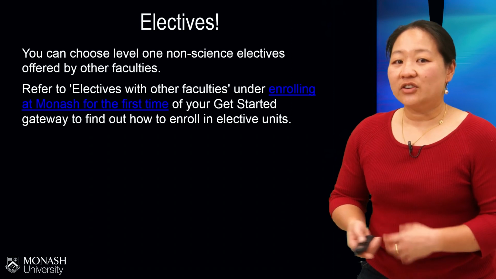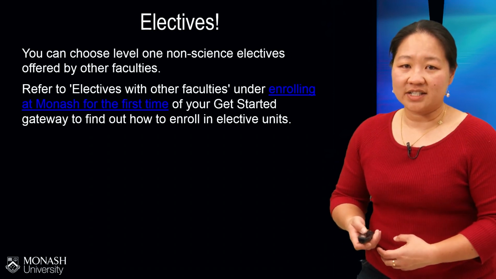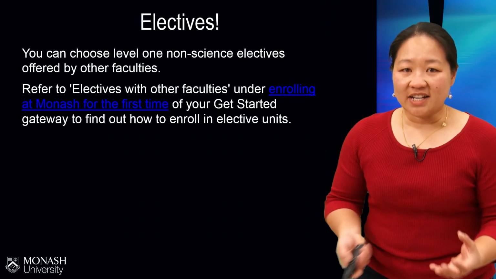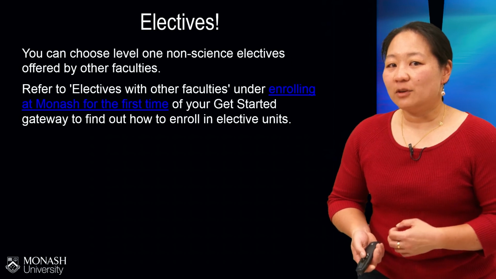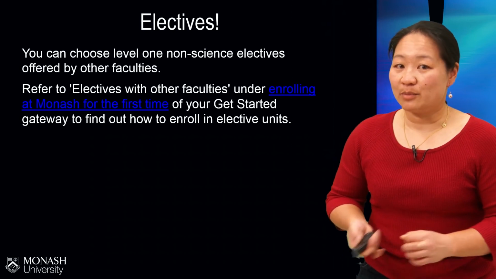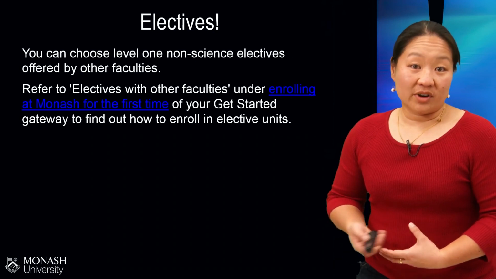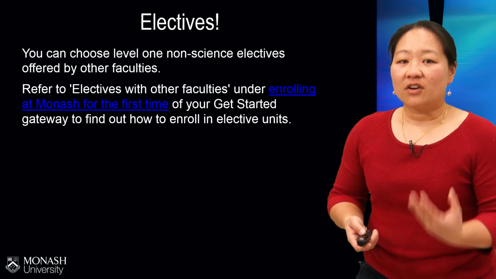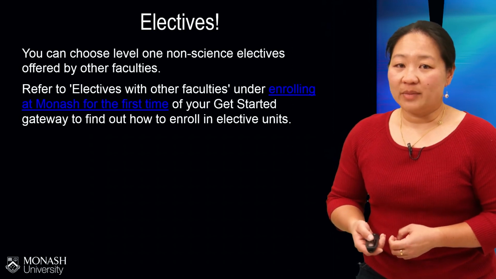In arts, you can enrol if you meet the prerequisites, particularly for the languages. In engineering, if there's space in the units, you can enrol. In business and economics, you can enrol if you meet, again, those prerequisites and some of the co-requisites. Some require maths prerequisites, particularly for accounting, banking and finance, economics and econometrics.